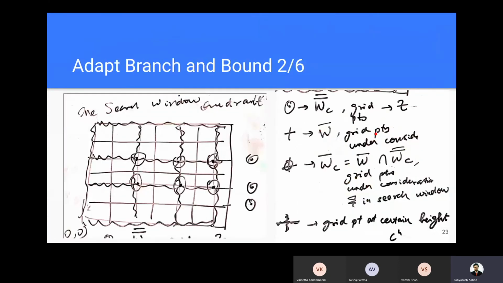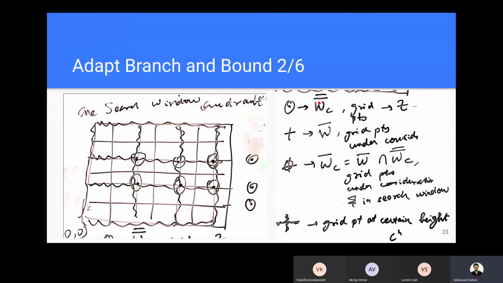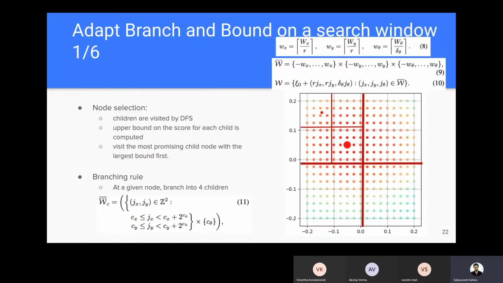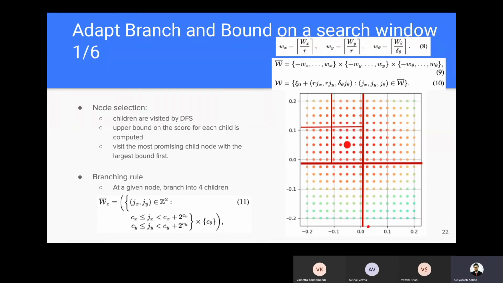Essentially I'm just trying to give you the notations. WC bar is all the grid points at some height, at height 1 this constitutes WC bar.